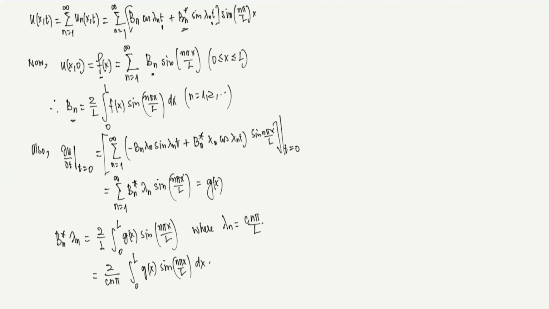This sum, that is nothing but summation n equals to 1 to infinity bn star. If you look at it, this bn star, they actually are going to be 0.